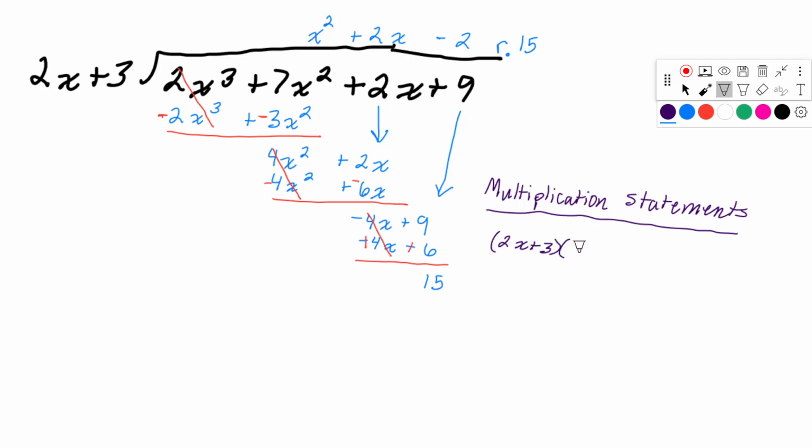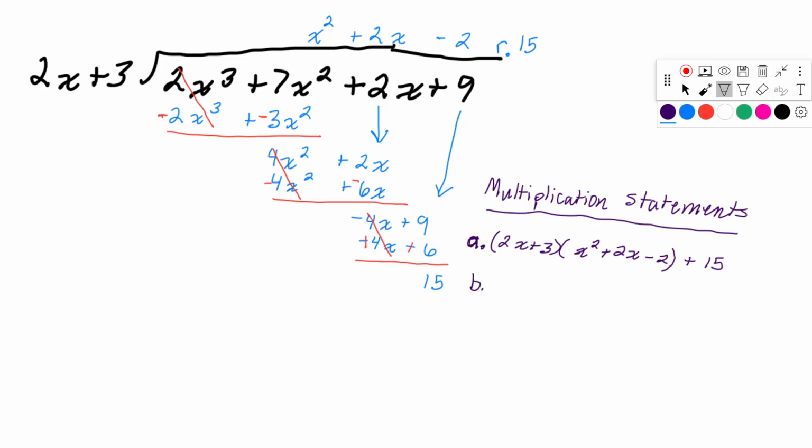They will both have x squared plus 2x minus 2. And the first method, if I just want to include that remainder, I'll close the parentheses after that trinomial and add 15. If my remainder were negative, I would write a minus 15. So that's 1. I'll call it multiplication statement A.